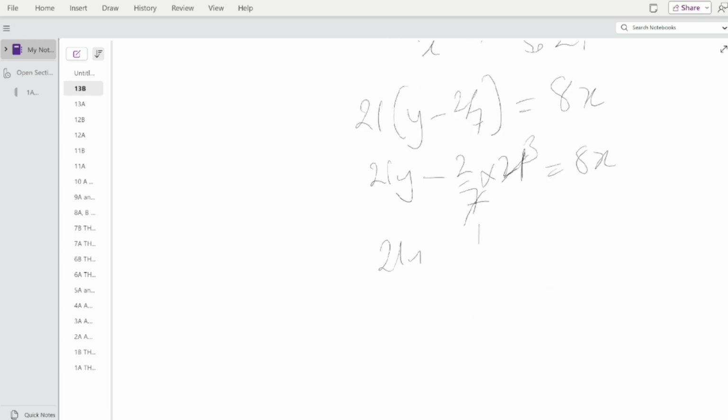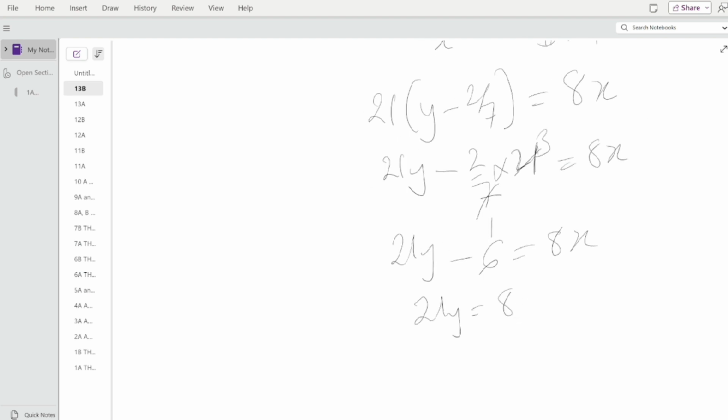We have 21y minus, because we have minus 2 times plus 3 gives you minus 6 equals 8x. 21y equals 8x. We take out the minus 6, it turns to plus 6. 21y equals 8x plus 6, which is the same answer as that of the first. So using either point, we'll still get our answer.